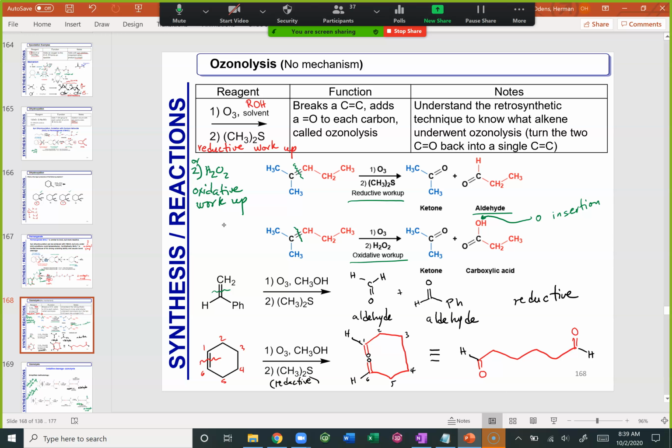Take your two fingers, separate them apart. Here's your hand, and you have the other one here. As you move out, you're going to put an oxygen here and an oxygen here, and that's what's happening here.